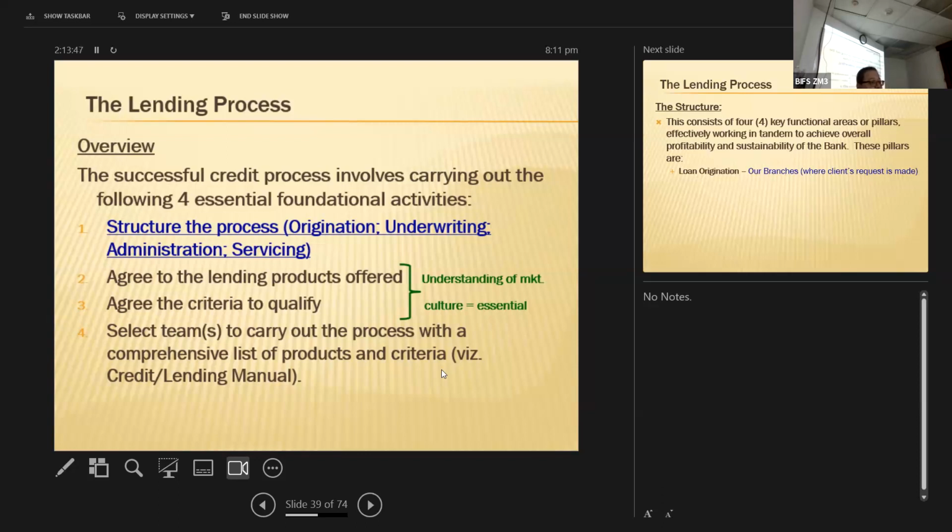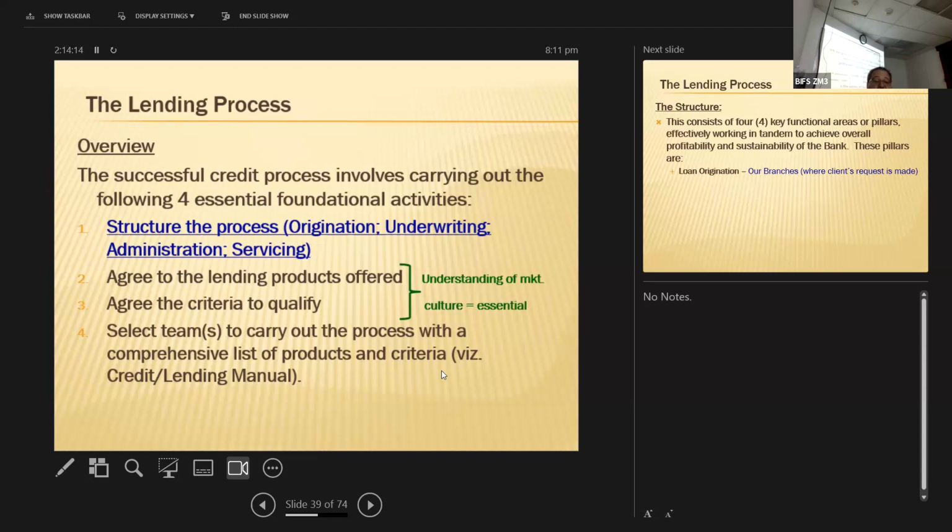So you want to have the right people in the right place, not trying to put a circle in a triangle and vice versa. So the four essential foundational activities: structure the process, agree to the lending products offered, agree to the criteria to qualify, and select your team to carry out the process.